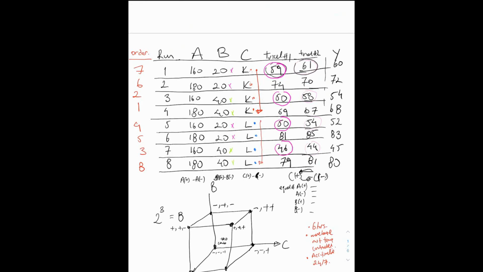In my trial number 2, it was 61, 58, 54, and 44. I can do the same thing for the other ones, but we're just going to deal with the effect of A here.